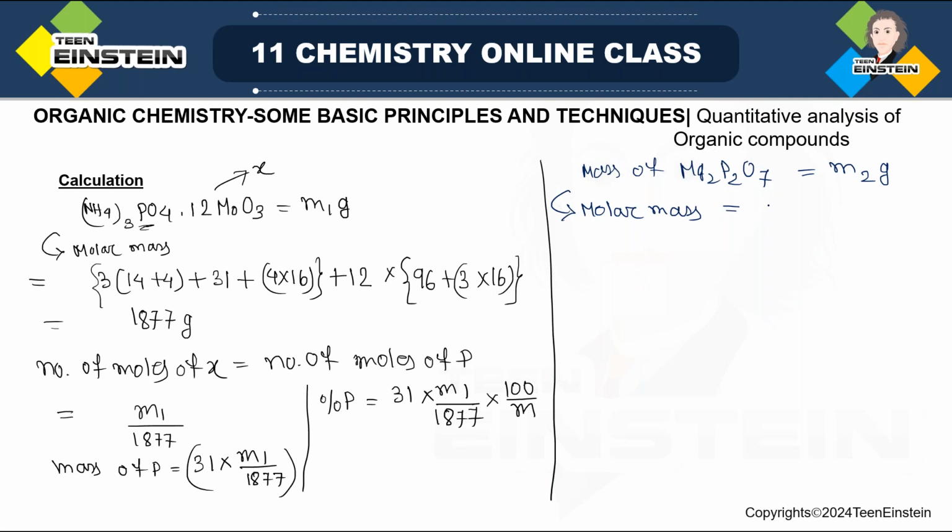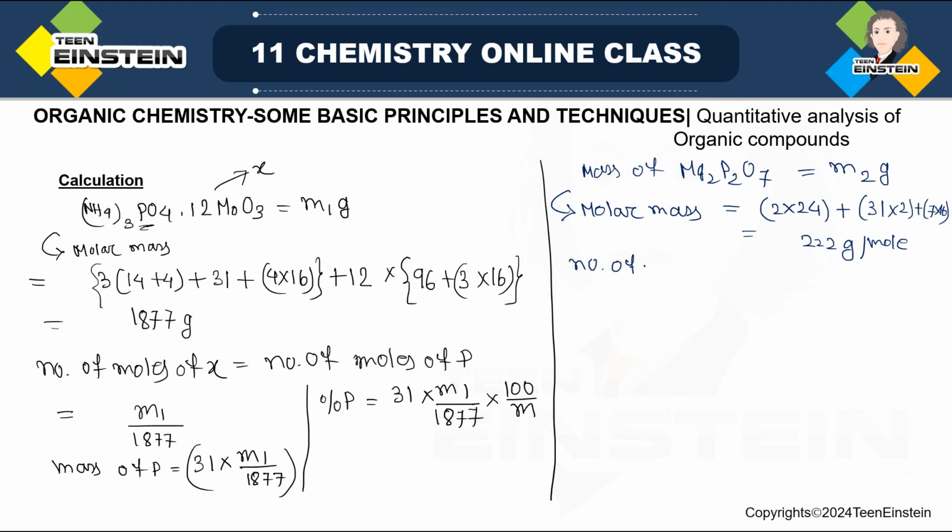Mg2P2O7: 2 into 24, P2 is 31 into 2, plus 7 into 16. So if you add everything, you will get 222 grams per mole.